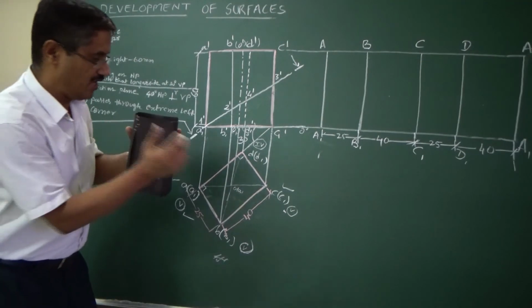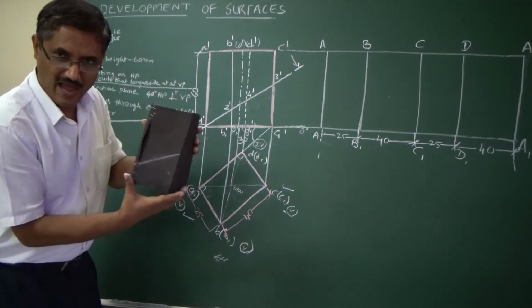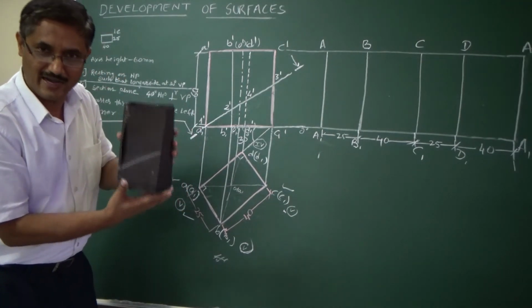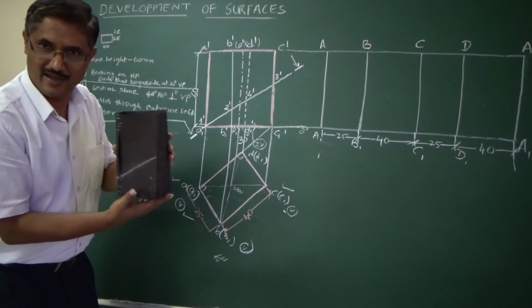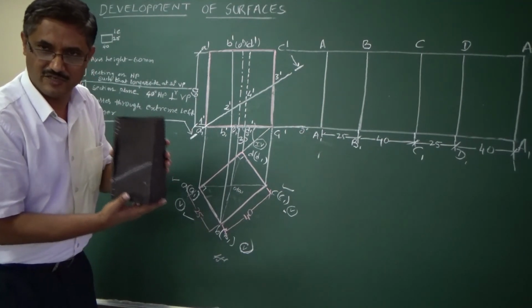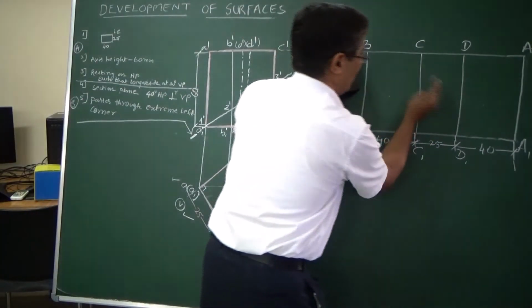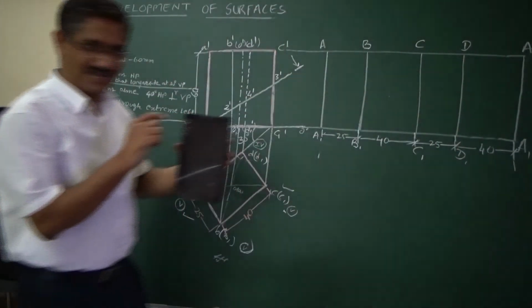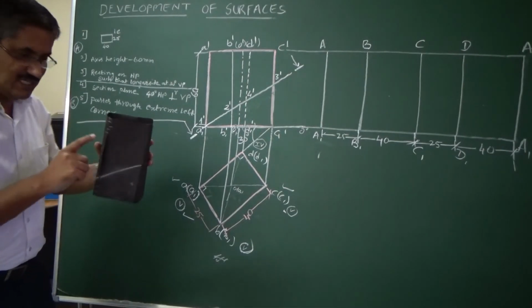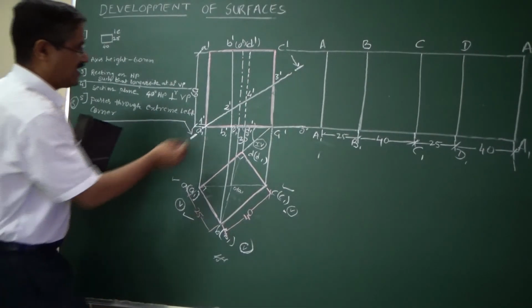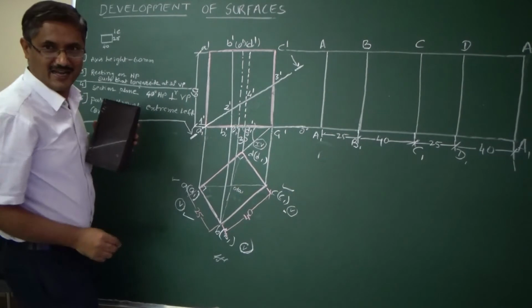Now when you join this, you will be getting a hollow rectangular solid like this, which is a prism class. Suppose I fold this, you will get this figure. Now this is not of our interest. Our interest is after cutting this at a given plane.